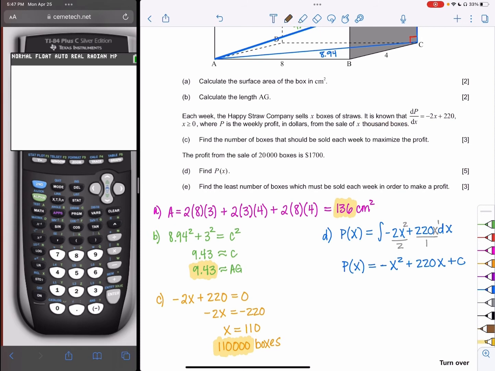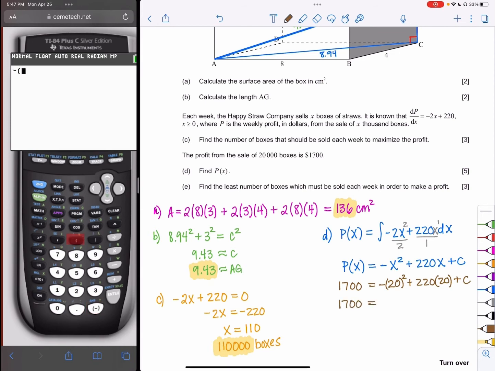All right, so when we substitute that information in, we're going to have 1,700, which is the profit, equal to negative 20 squared plus 220 times 20 plus C. Then we have to simplify the right-hand side.